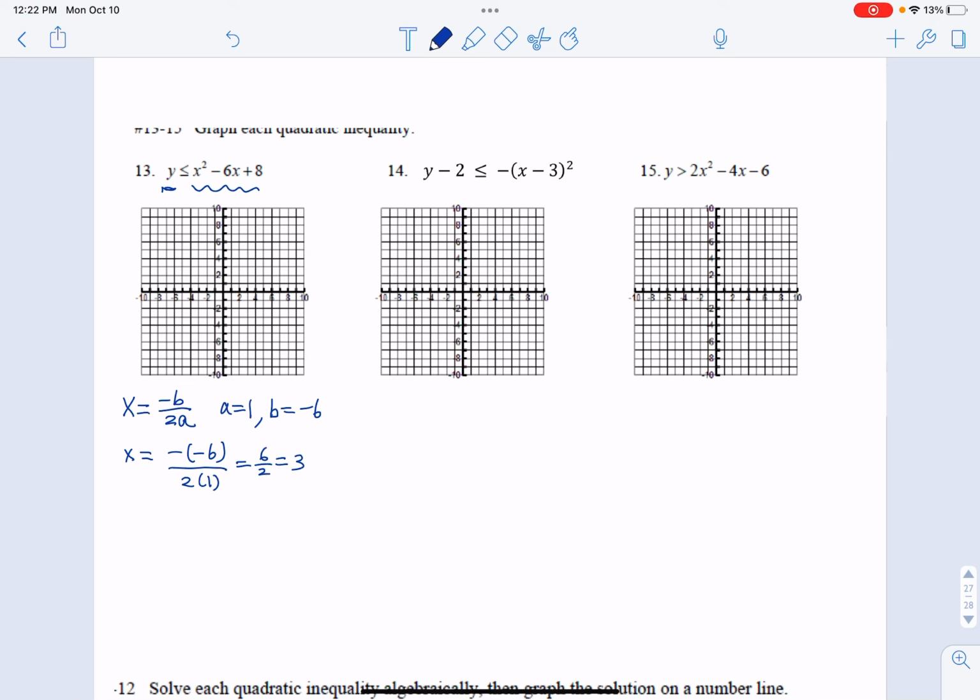Axis of symmetry is at 3, and then plug it in. So y value equals 3 squared minus 6 times 3 plus 8, which makes 9 minus 18 plus 8. So negative 9 plus 8 becomes negative 1. So the vertex will be 3, negative 1.